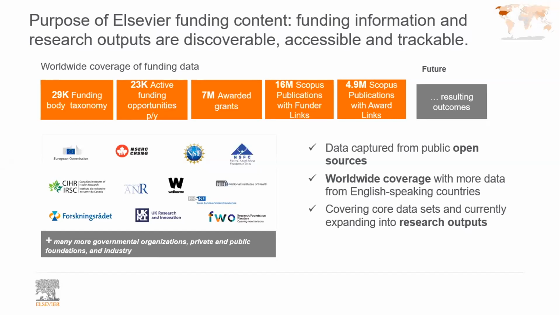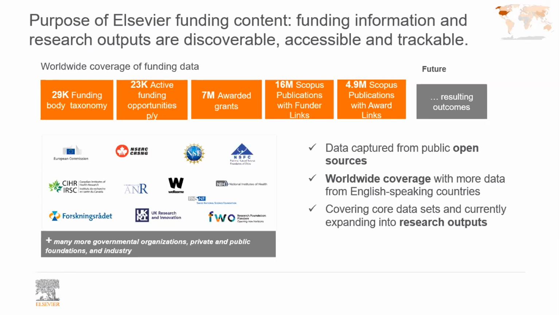In the future, we plan to expand to additional data sets, what we call outcomes of research, be it patents or clinical trials and so on. And we are continuously iterating and putting effort into improving the coverage and the quality of the funding data across all these entity types.